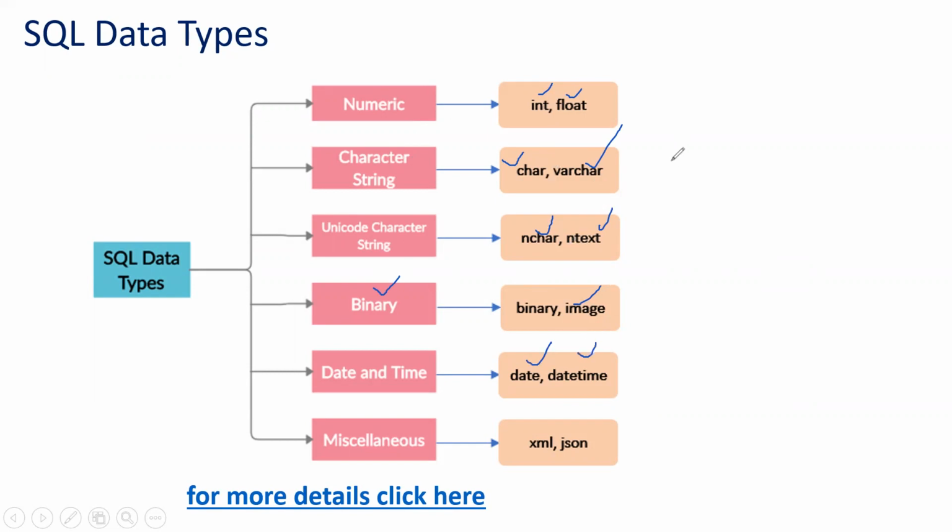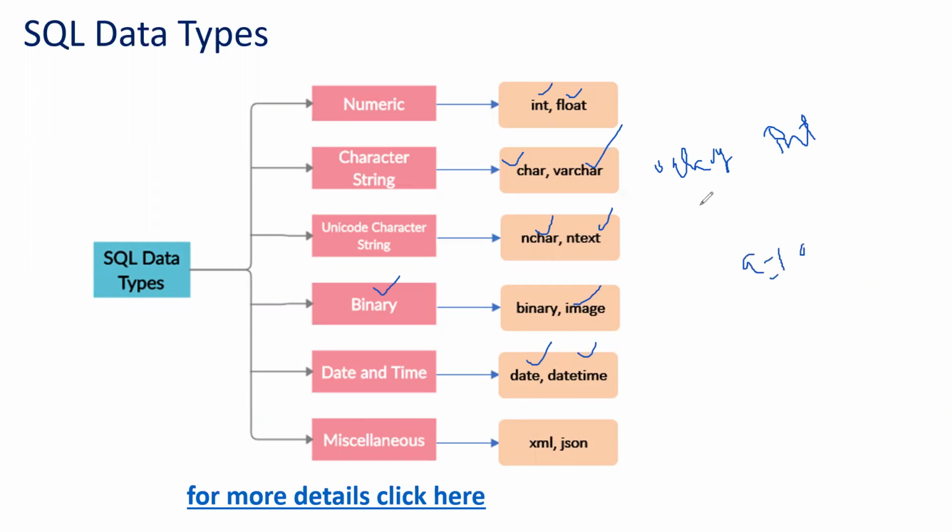For example, if I want to use salary, salary is numbers, means integer. Salary is the column name, and the data type is int. This is not a dynamic type like Python. You need to mention the data type. In Python, directly you can write a equal to 10. There is no problem with that.